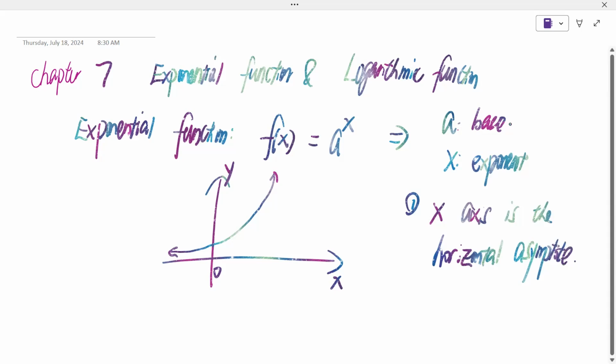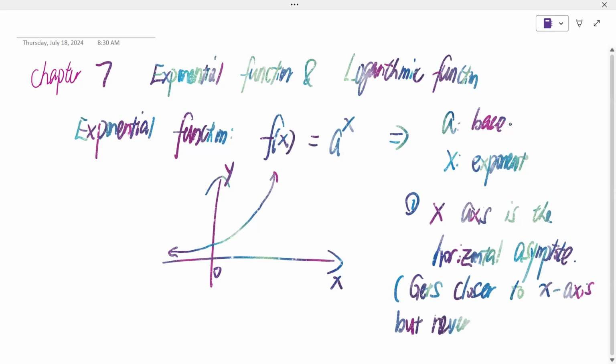And the asymptote means the graph gets infinitely close to the x-axis, but never touches it.